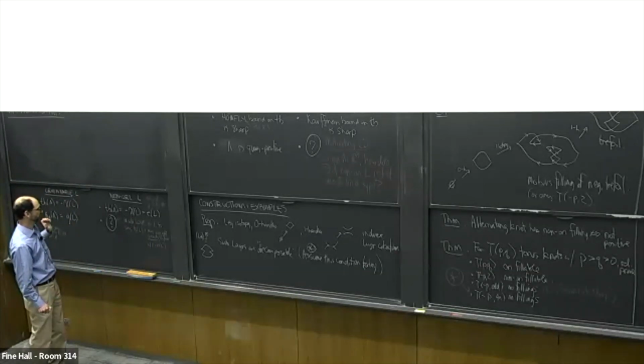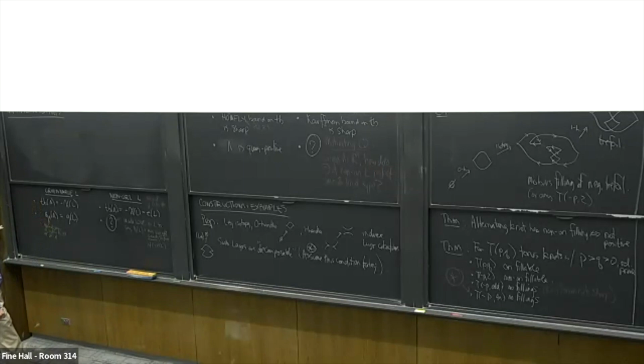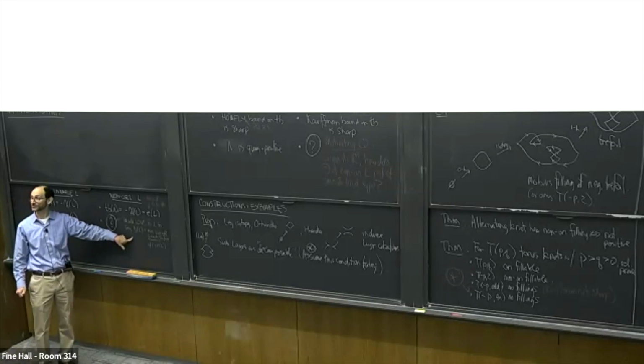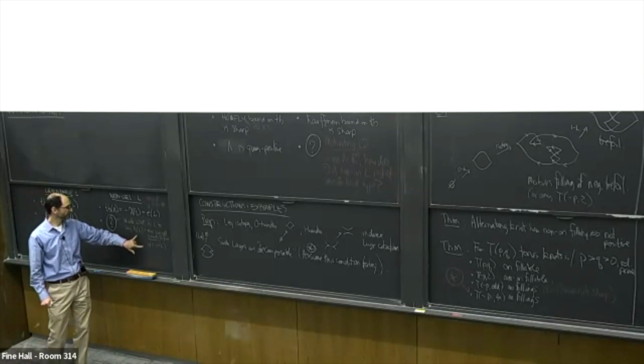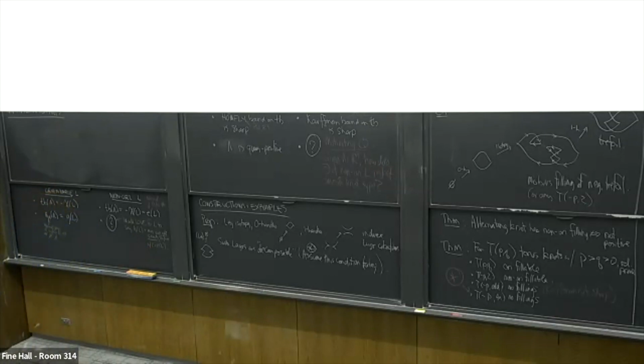I secretly used one. When I was mumbling about this, saying that you only want finitely many Euler numbers to come up, a good way to prove that is to use the isomorphism between the linearized contact homology at the boundary and the homology of the filling.